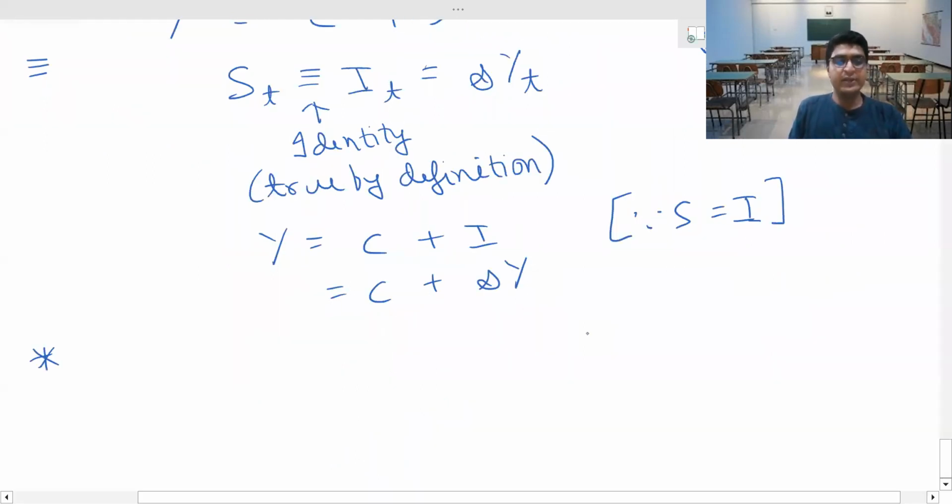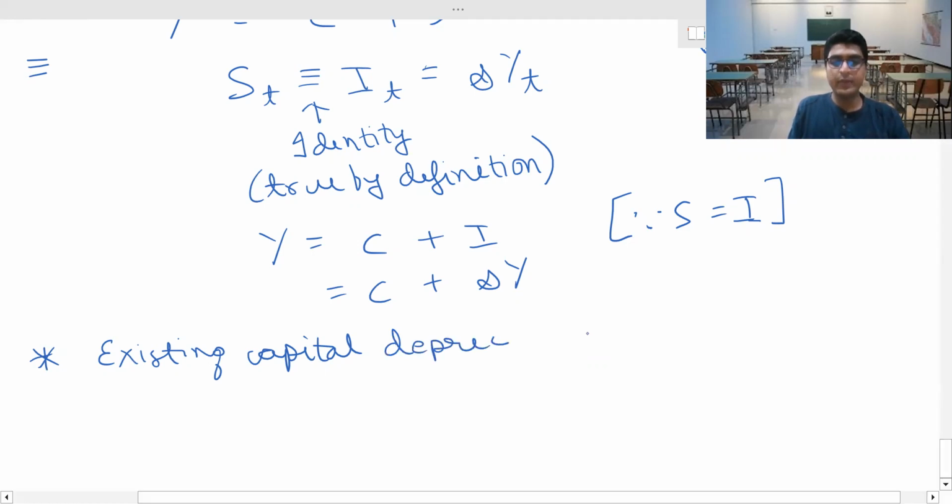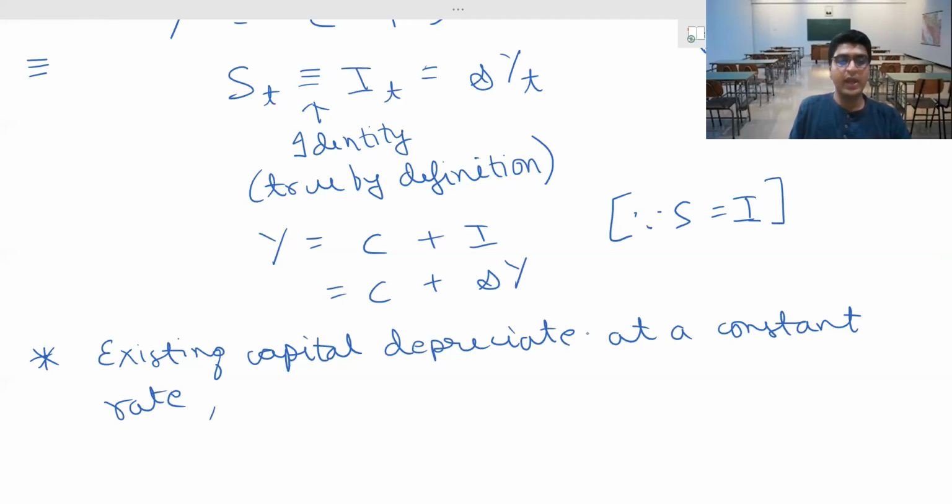Now another variable is depreciation. So existing capital. We are going slow right now because we are introducing the model. I need you to understand each and every variable very clearly. Okay, so existing capital depreciates at a constant rate, and we'll use the symbol delta for it.